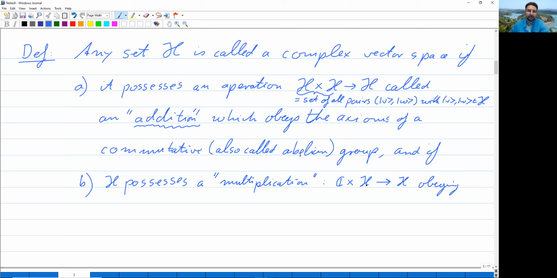So C cross H is by definition the set of pairs where the first element of the pair is a complex number, the second element of the pair is an element of the set H.